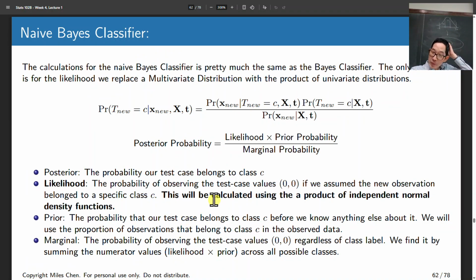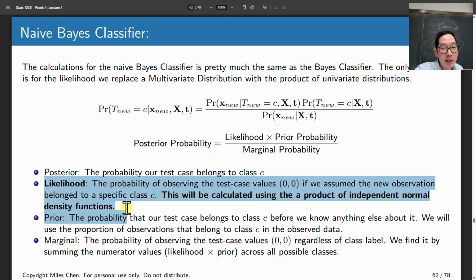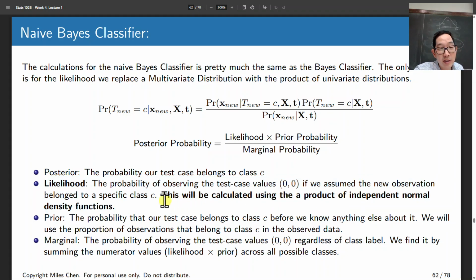The only thing that's really different is when we calculate the likelihood, we're not going to use the multivariate normal. We're just going to use the product of independent normal densities. So instead of dmvnorm, the density of the multivariate normal, we're just going to use dnorm, the plain old normal density function.